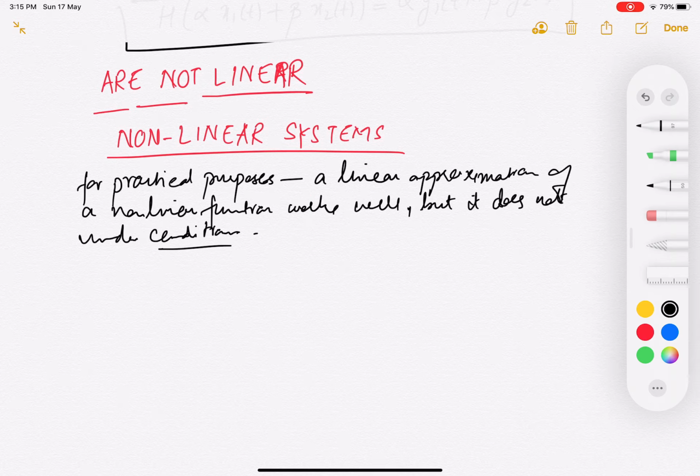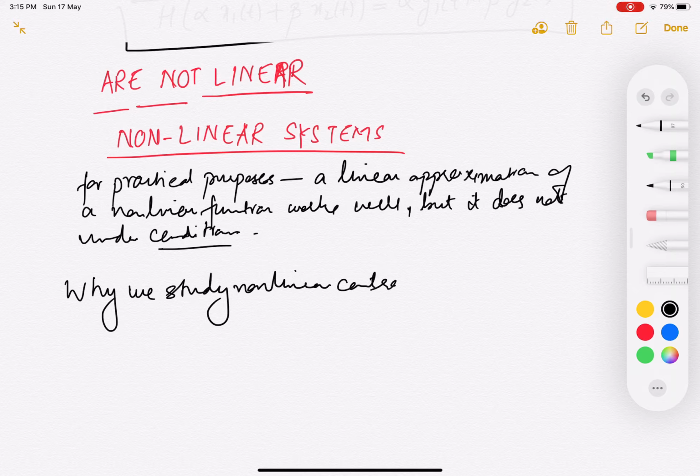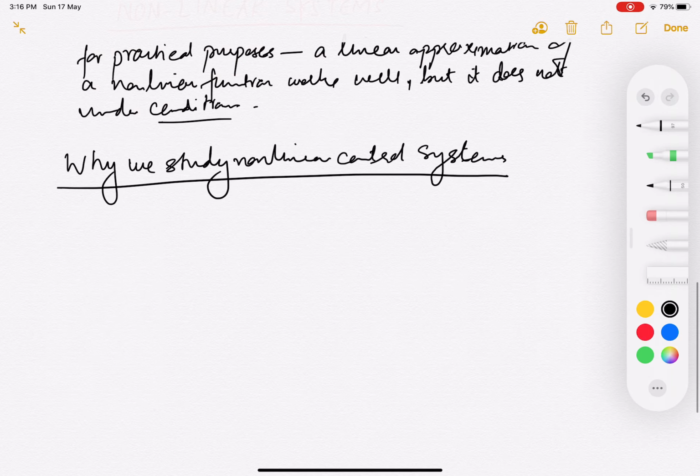So in this introductory talk, we'll be talking about why we study nonlinear control systems. I'll give you a couple of reasons for this. The first thing is improvement of existing control systems.